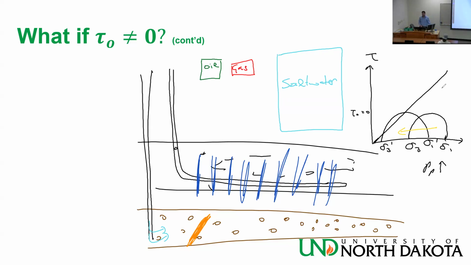Anyway, so we get the critical faulting stress hypothesis. It says that tau naught is equal to 0. I inject, I raise my pore pressure in the Ellenberger. And then my fluid will find a fault that is ideally oriented and critically stressed.